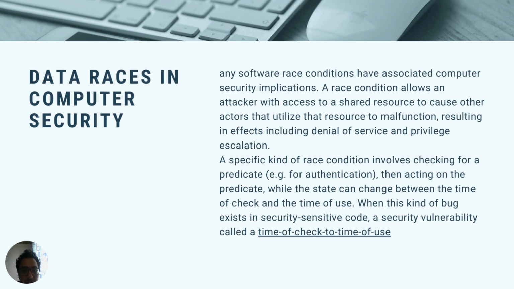A specific kind of race condition involves checking for a predicate, then acting on the predicate, while the state can change between the time of check and the time of use. When this kind of bug exists in security-sensitive code, a security vulnerability called a time-of-check to time-of-use bug is generated.